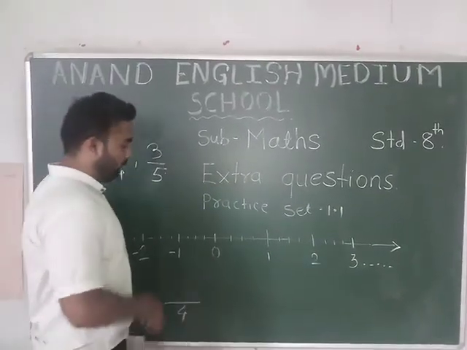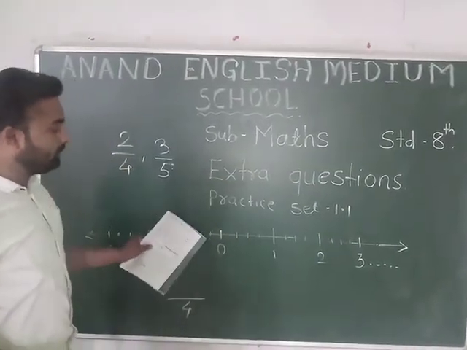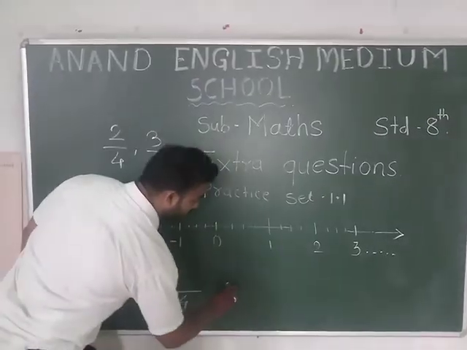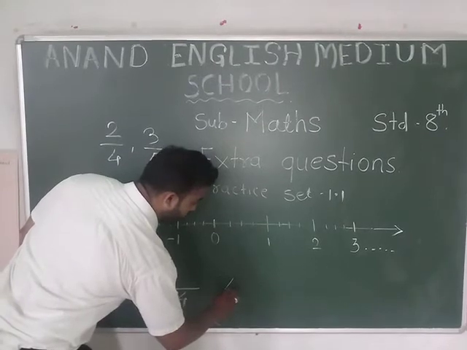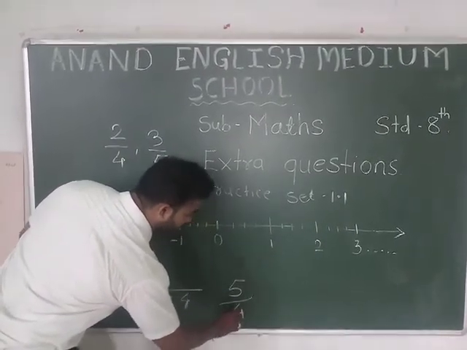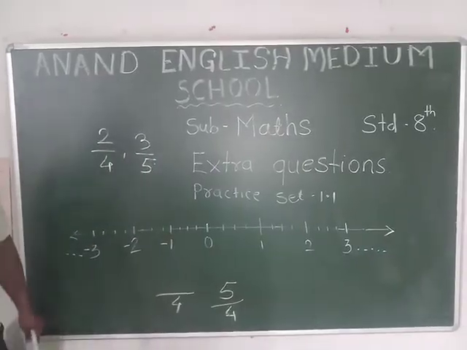Now plot some numbers on this number line, just like 5 upon 4. How do we plot this number?